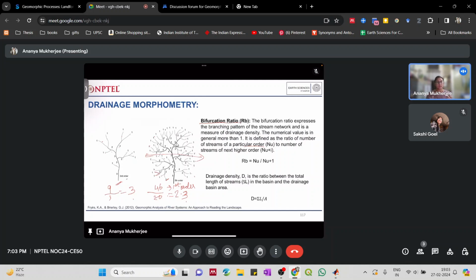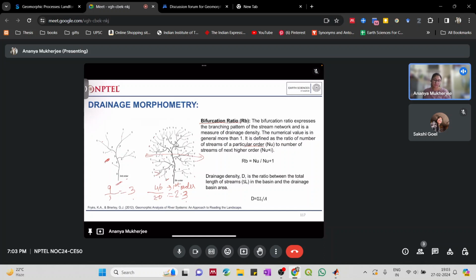So the drainage density, if it is higher, okay, so the amount of water that is being discharged by the main channel and to the stream orders of lower numbers, it has more capacity to hold that discharge. Okay, so it is less prone to flood compared to when you have drainage patterns like this.